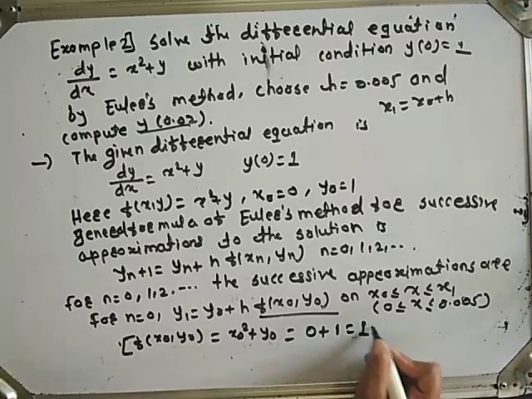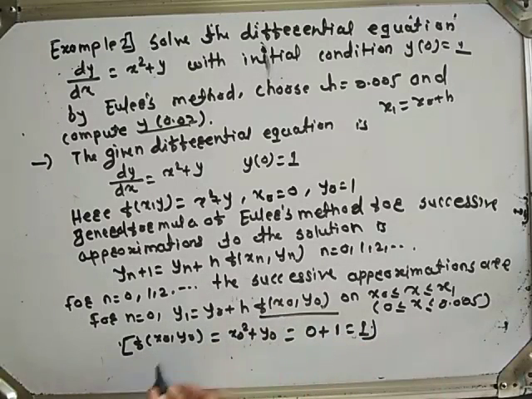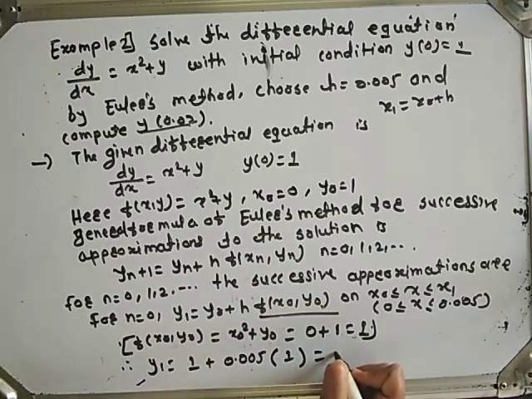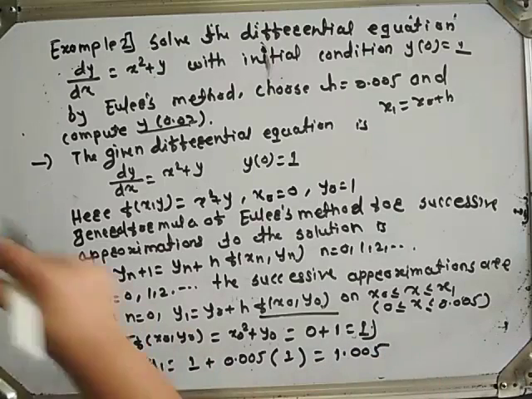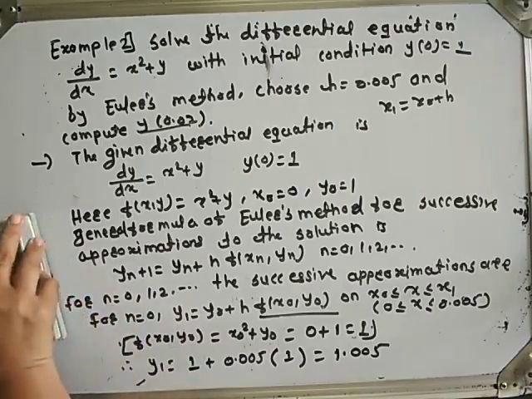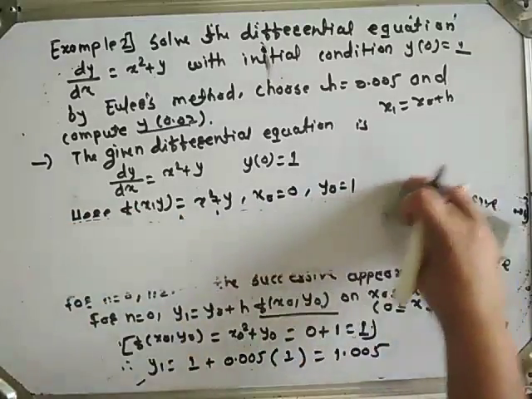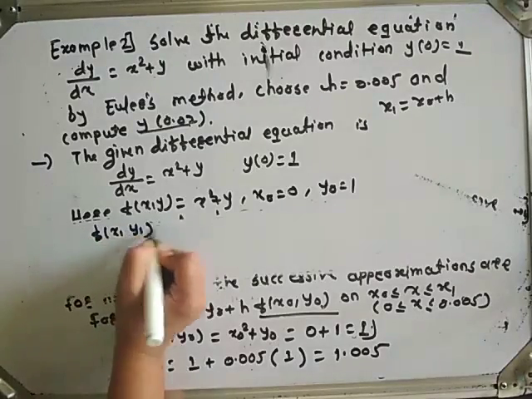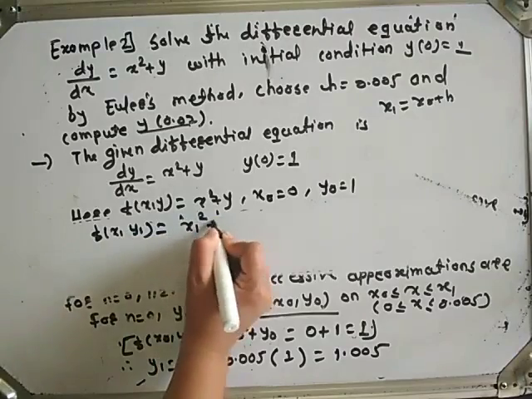Put these values in the formula. Therefore y1 equals y0, which is 1, plus h, 0.005, into f of x0 y0, which is 1. This is nothing but 1.005. Calculate this on the calculator. Now calculate f of x1 y1, which is x1 square plus y1.